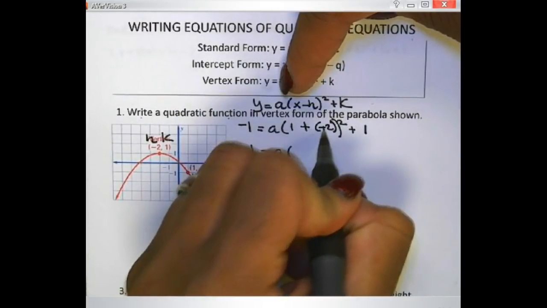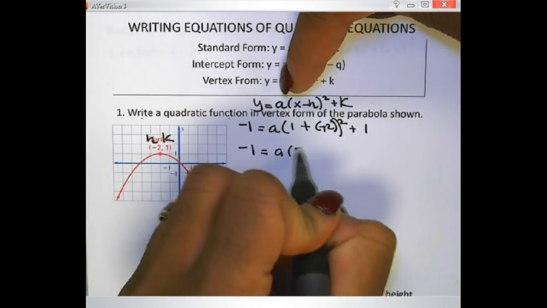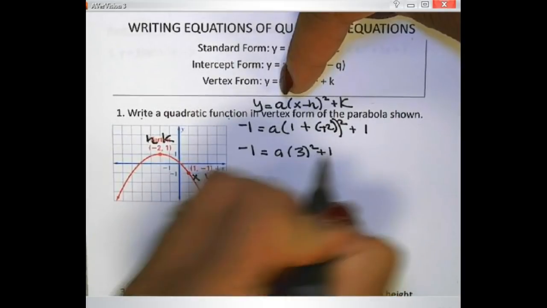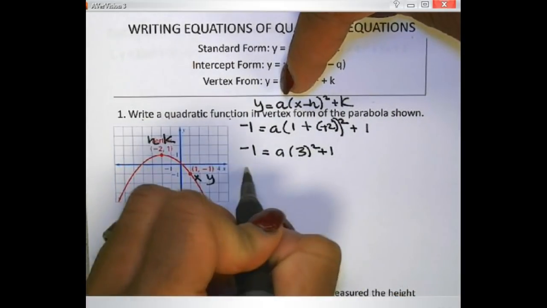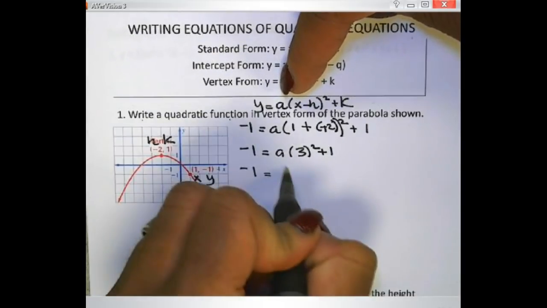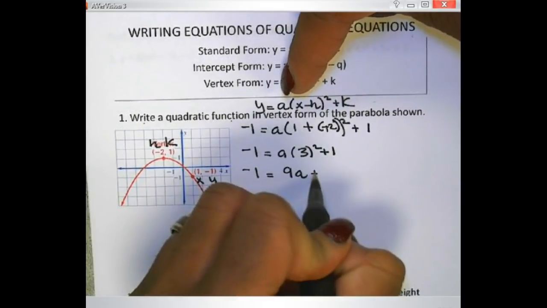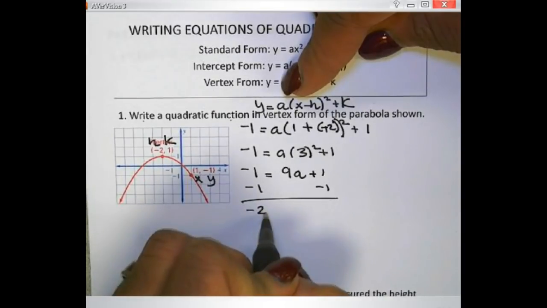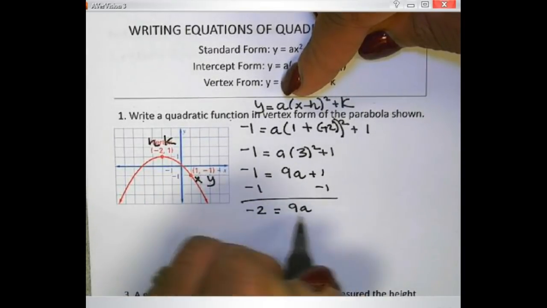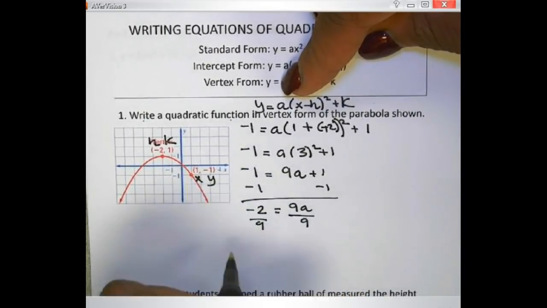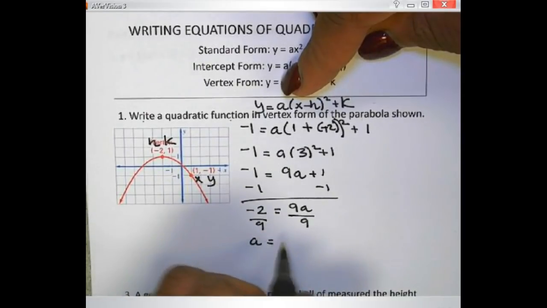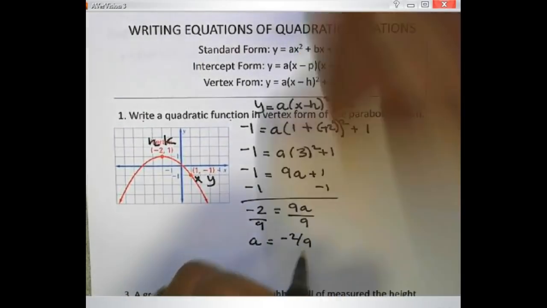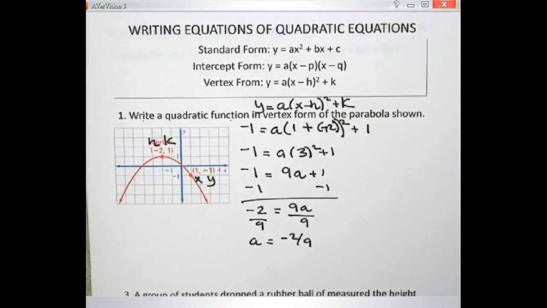So I'll add the opposite: 1 plus 2 is 3. And then I'll have -1 is equal to 9a plus 1. Subtract 1: -2 is equal to 9a. So a is equal to -2/9. Okay, I have what I need.